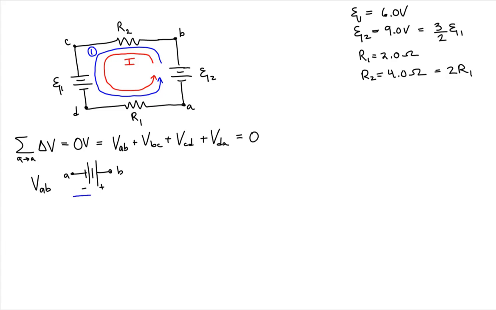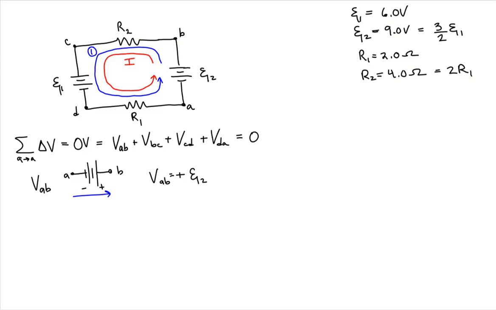Since we are going from low to high potential across our battery, we are going to say that the potential difference from A to B is equal to a positive EMF of battery 2. That is positive because we're analyzing the voltage from the negative terminal of the battery through to the positive terminal of the battery.